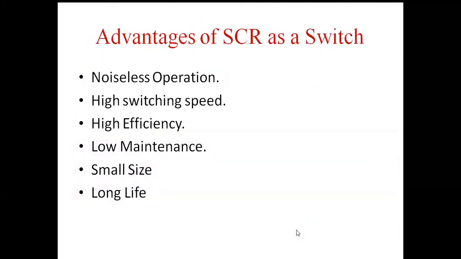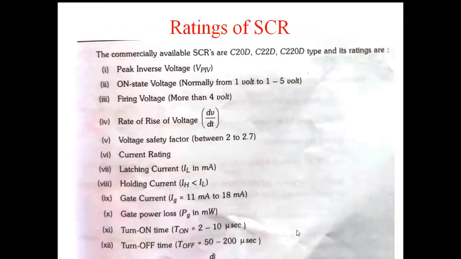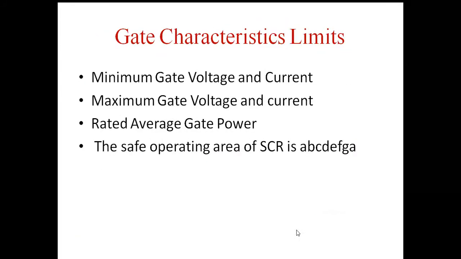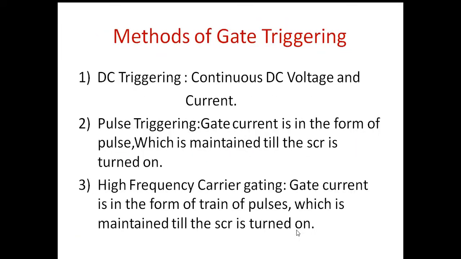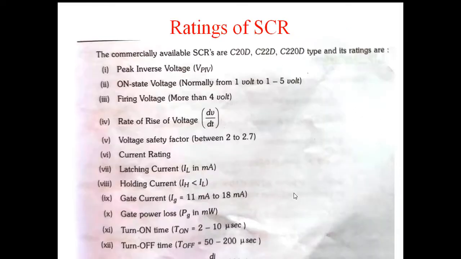Once the SCR is in conduction, there won't be any function of the gate terminal. To turn on the SCR, generally we are using these three methods: DC triggering, pulse triggering, high frequency carrier gating.